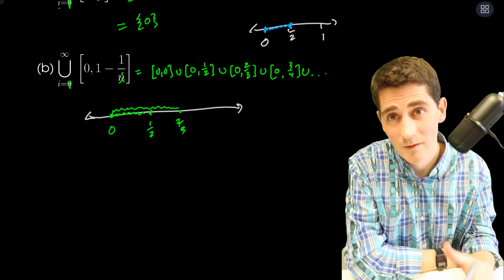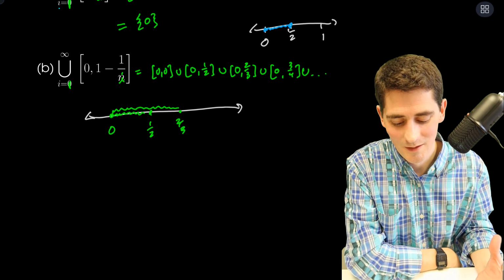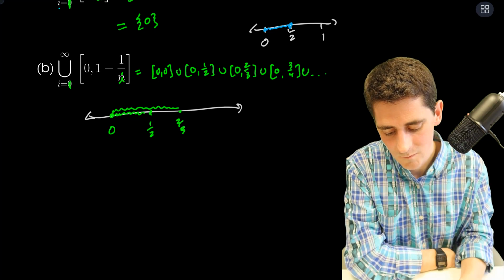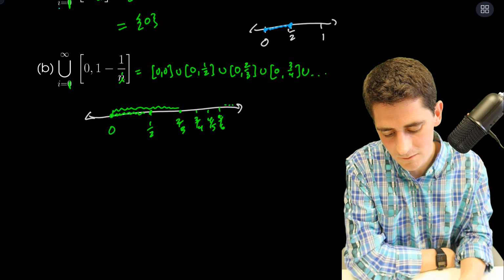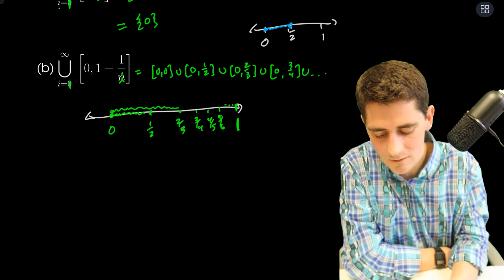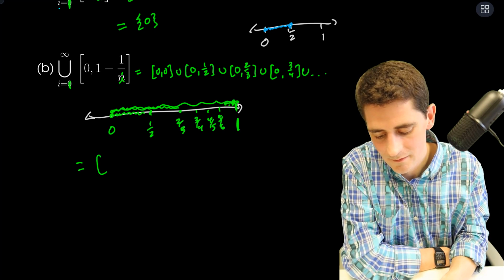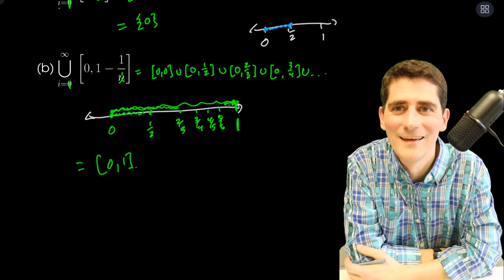So as I keep unioning these things together, what do I end up with? Well, these points, 3/4, 4/5, 5/6, are getting closer and closer to the number 1. So as I union all these together, I'm actually going to end up with 0 to 1.